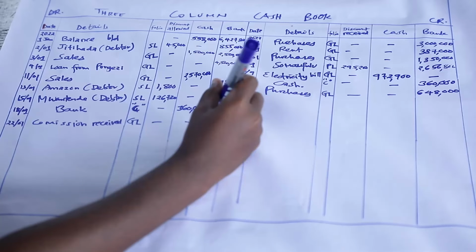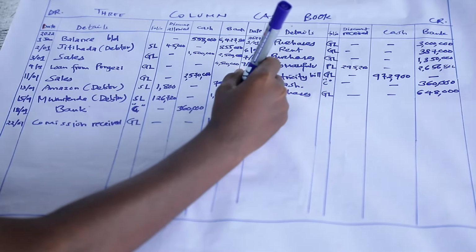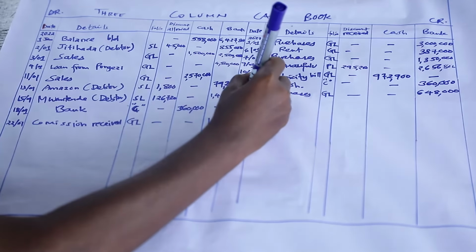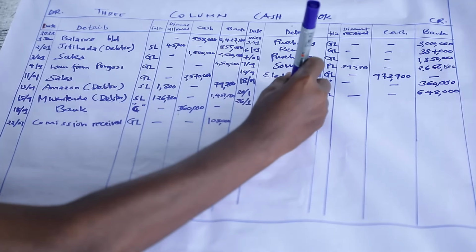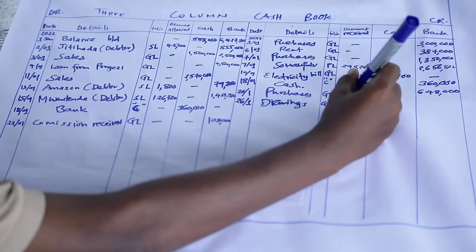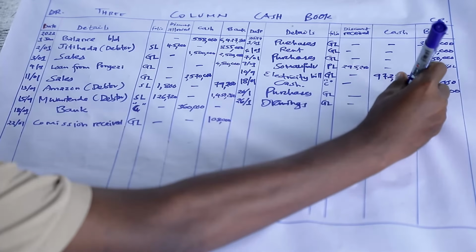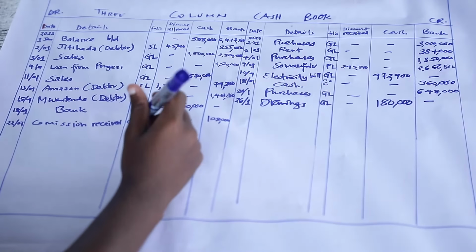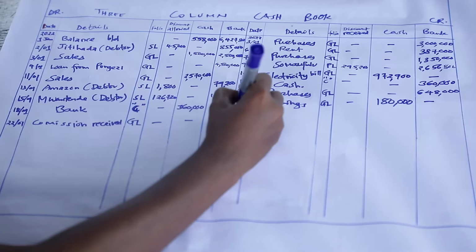So the other transaction be cash drawings. Cash drawings manake tumetoa hela for our personal use, so tume decrease hela. So 26th January we would record drawings, and would go to the cash column. So go to the general ledger, drawings of 180,000. 27th January, paid wages.